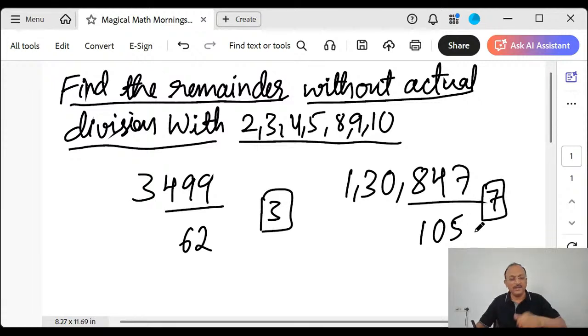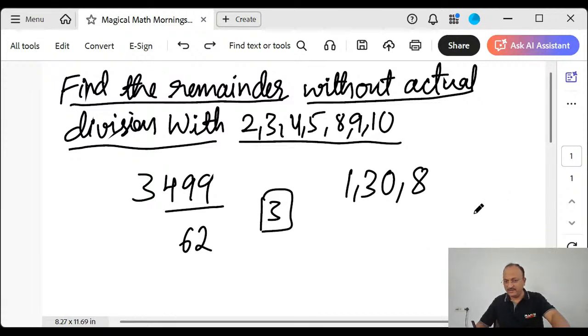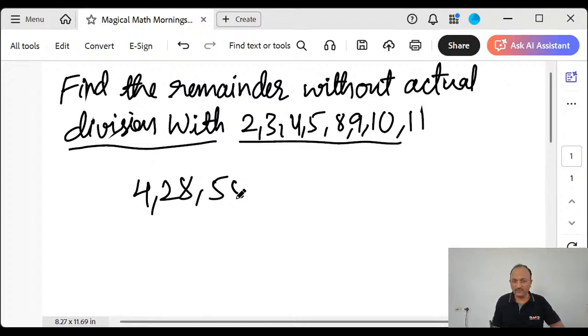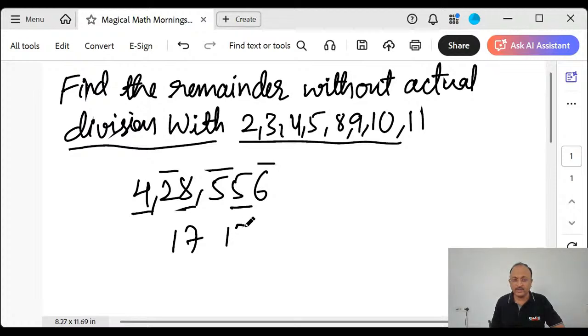Yes. And finally, we will come to 11. We will consider even 11 also. You have a number like 428,556. Let's take this number. How do you check the divisibility? You find the sum of all the digits in the odd position. 4 plus 8, 12 plus 5, 17, and then the digits in the even position. 2 plus 5, 7 plus 6, 13.